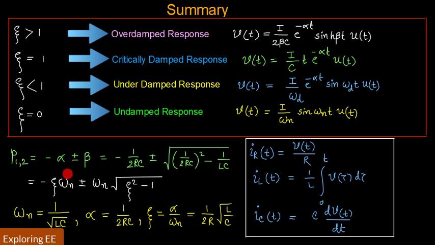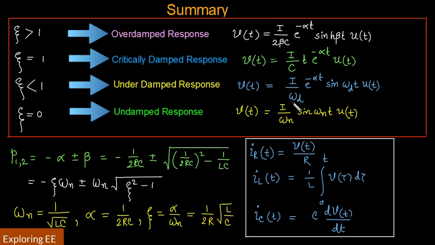Here omega n is the natural frequency of oscillation given by 1 upon under root LC. Alpha is the damping factor 1 by twice RC. Zeta is the normalized damping factor or damping ratio alpha by omega n, and its value is 1 by twice R times of under root L by C.